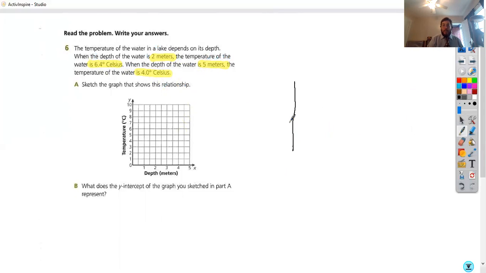So if I was making a table here, the depth is going to be our x values with the temperature being our y values. So the first data point they gave us was at a depth of 2, the temperature of the water is 6.4. Then they said at a depth of 5 meters, the temperature of the water is 4.0.